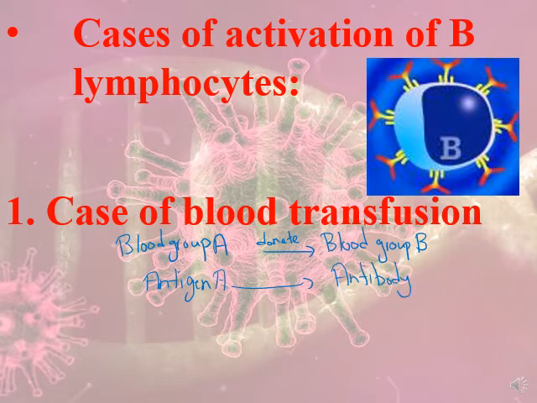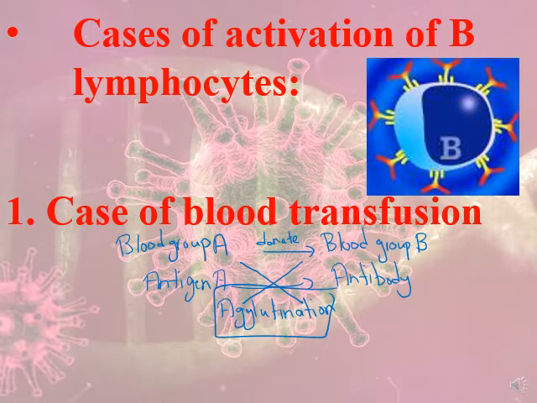So these two will fight together and cause agglutination, since we have secretion of antibodies. Secretion of antibodies is a property of the B lymphocytes, which will have a name. We will identify the name of the immune response in the coming slides.